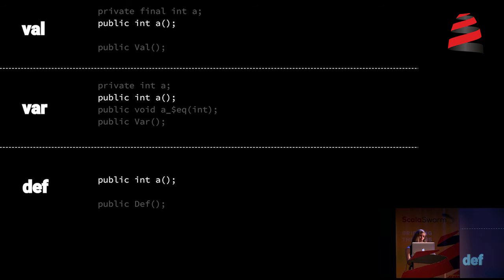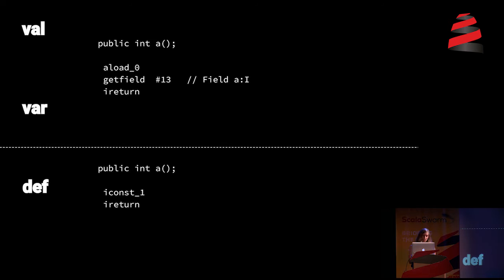Next, we see that all 3 classes have a public A method that returns an integer. Let's take a look into this method. The A method of val and var is exactly the same, and it is different for def. Can anyone guess what the first method is? No? All right, let's see.